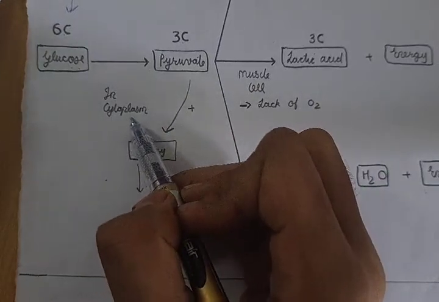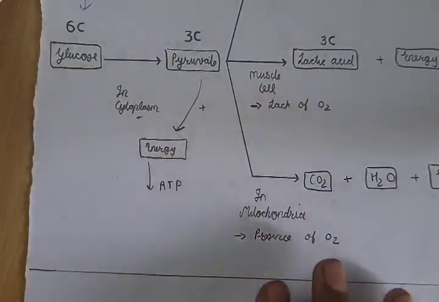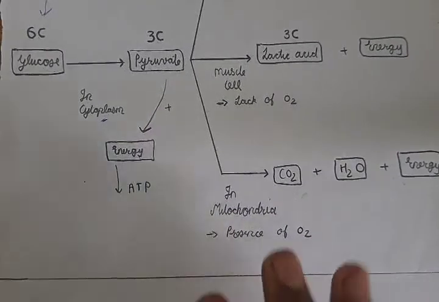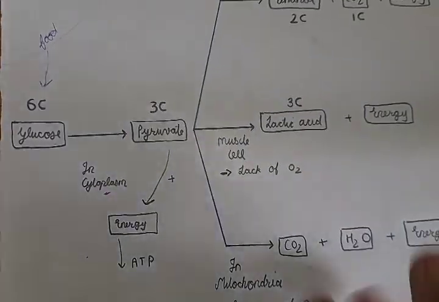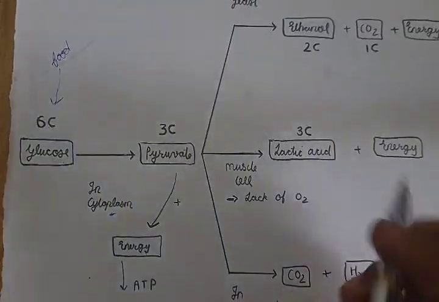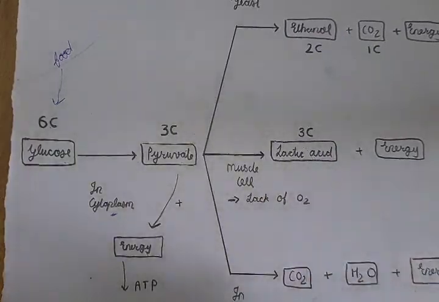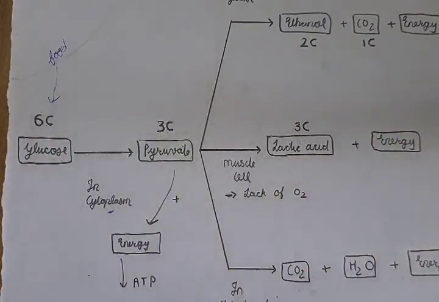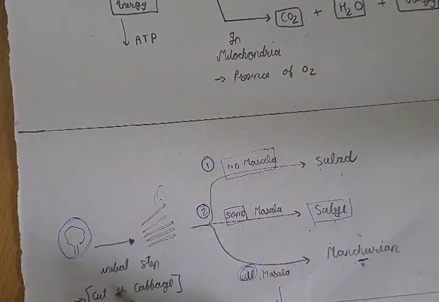And where does this happen? In the cytoplasm. Now I am relating this to the example, that this pyruvate is formed. Now this pyruvate will make different products, this one, this one, this one, this and this, based on different conditions. Likewise, here you saw that first we cut down the cabbage.